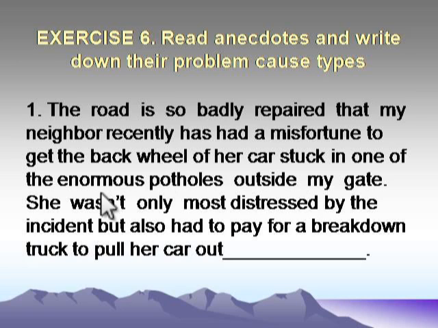The road is so badly repaired that my neighbor recently has had a misfortune to get the back wheel on her car stuck in one of the enormous potholes outside my gate. She wasn't only most distressed by the incident, but also had to pay for a breakdown truck to pull her car out. What kind of cause type? The second one.